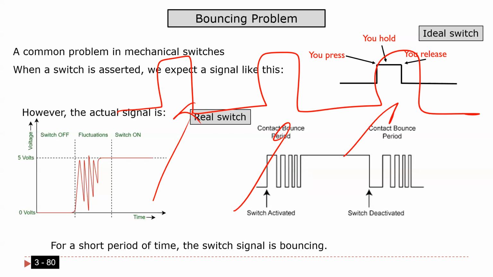Number one, do you understand what bouncing means? Do you understand why it happens? It happens only in mechanical switches because of the spring. You cannot just open this way. There should be some bouncing before this contact comes here. And again, this is a very short period of time. So you should understand why this is a problem, or how this can create a problem.